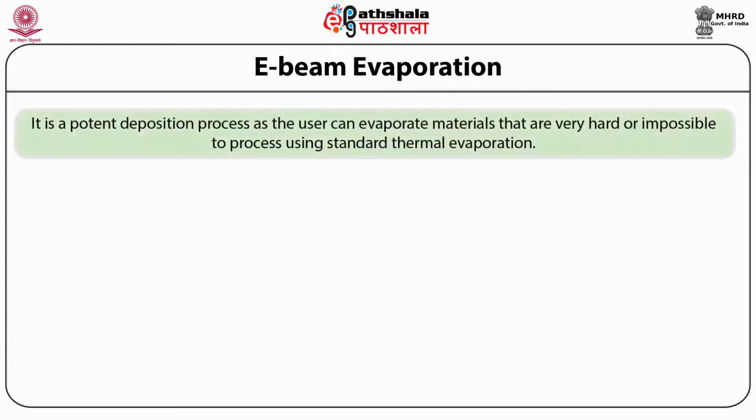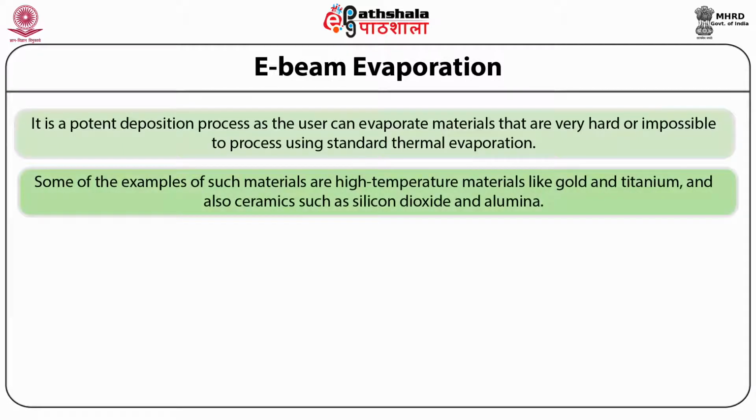It is an important deposition process as the user can evaporate materials that are very hard or impossible to process using standard thermal evaporation. Some examples of such materials are high temperature materials like gold and titanium, and also ceramics such as silicon dioxide and alumina.